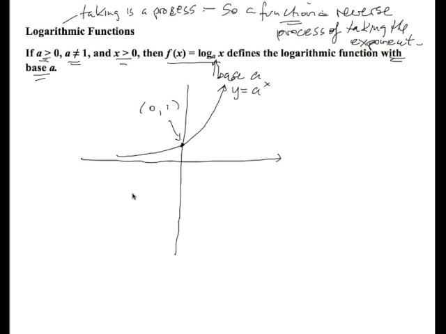Now when we do our inverse function, we interchange x and y. So of course it's going through this, and so we're going down here like this. And this is y equals log in base a of x. So there's a couple of things that we want to talk about here as far as the characterizations.